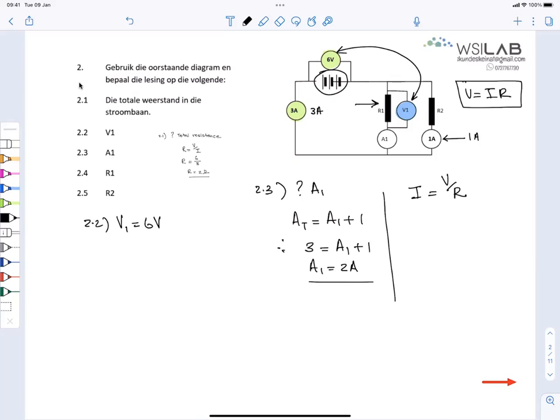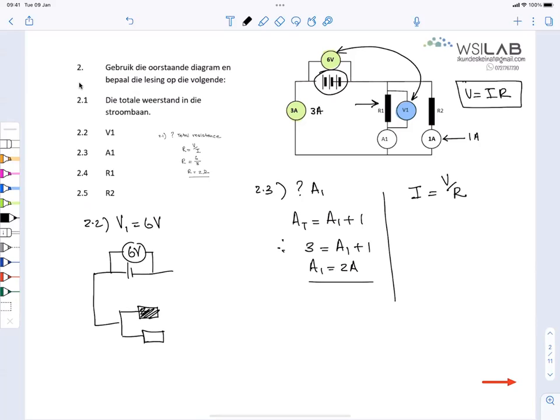Why will V1 and 6 volts be the same? Look, there's various ways to think of it, but let's do it the following way. There's a circuit, and let's say it's 6 volts, the potential difference over the battery. Now I've got 2 resistors in parallel here.